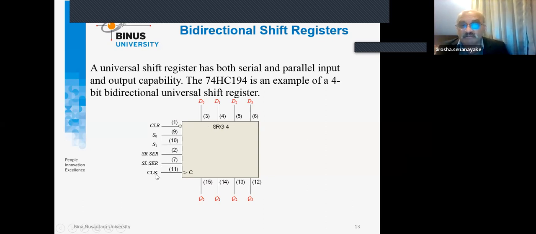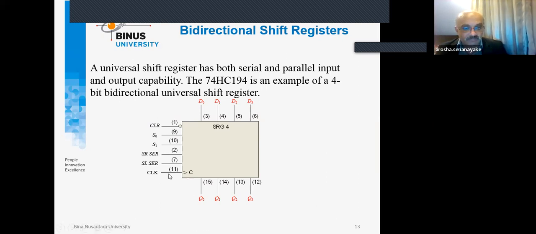Depending on which one is enabled, we shift left or shift right. You cannot enable both simultaneously. That's the key point; you can see here R and L. You can't activate both simultaneously, only one at a time, not both.